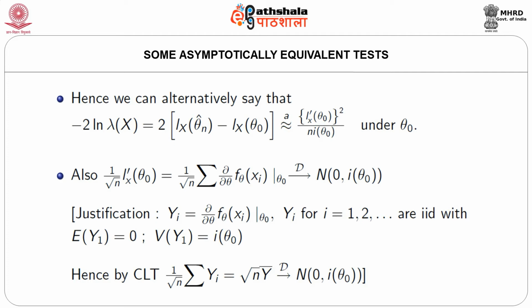Hence, by using the Lindeberg-Levy central limit theorem, we can easily say that 1 by root n times summation yi, which is actually nothing but root n times y bar, converges in distribution to normal with mean 0 and variance I theta naught. Hence, the asymptotic distribution is justified.